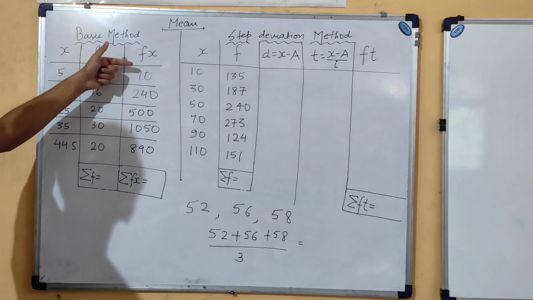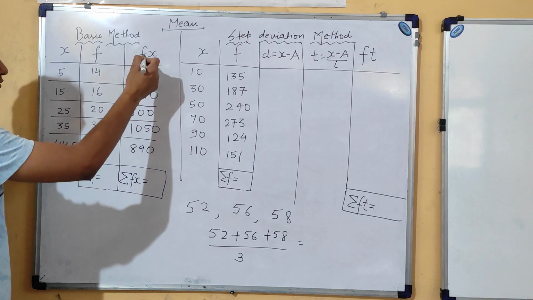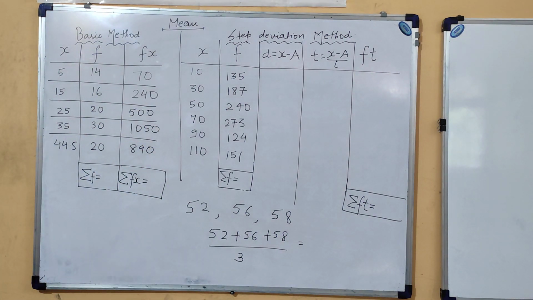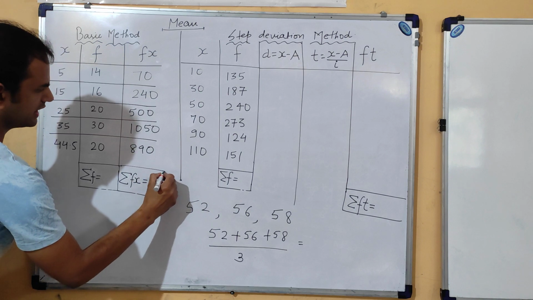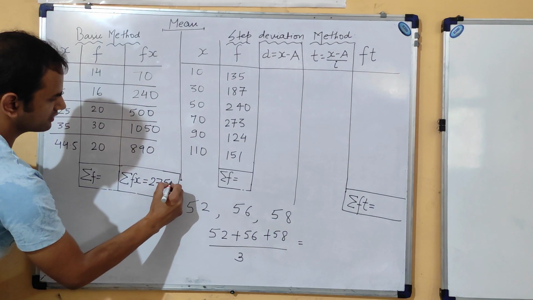Now you have to add 70, 240, 500, 1050 and 890. Just to minimize time, I'll write the sum as 2750. It will take some time, you can add it, and it becomes 2750.